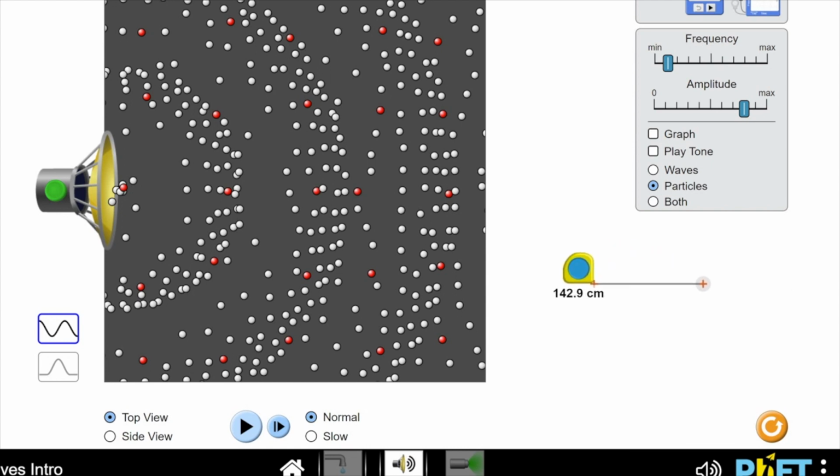If I move this little tape measure and use it almost as a cursor, the tape measure at the moment would be in the middle of a compression. A rarefaction here, in between two adjacent compressions. Compression again, rarefaction.